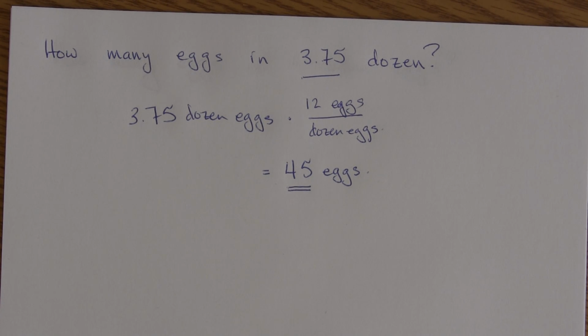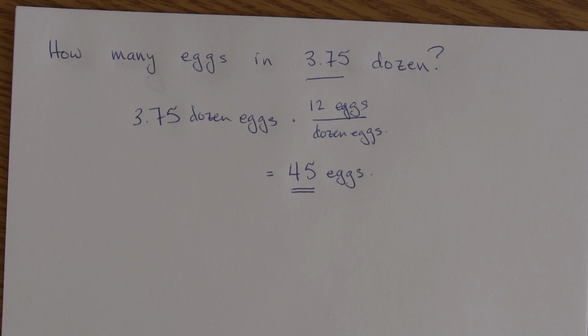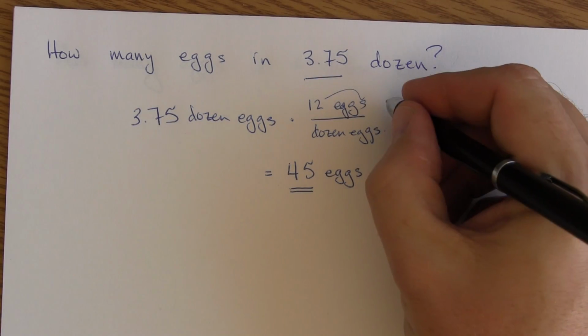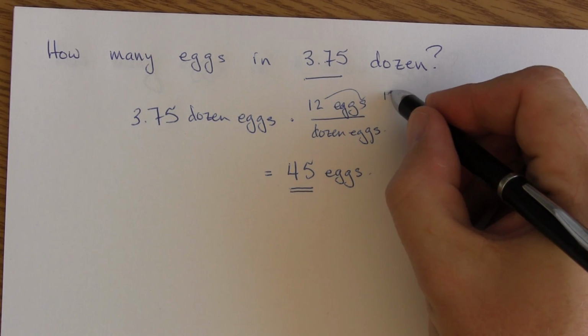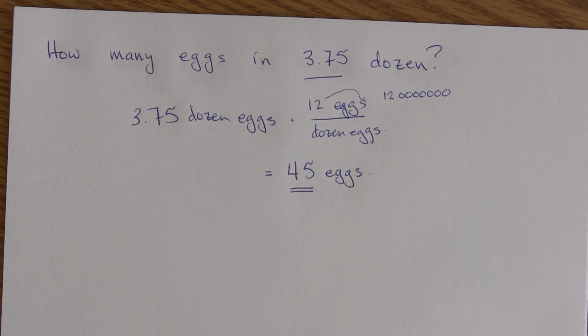It doesn't mean sometimes it's 11 and sometimes it's 13. It means 12. We would consider 45 eggs and 12 eggs per dozen to be exact numbers with essentially infinite numbers of significant figures. In fact, we might go ahead and write my 12 as 12.0000000, and on and on and on.